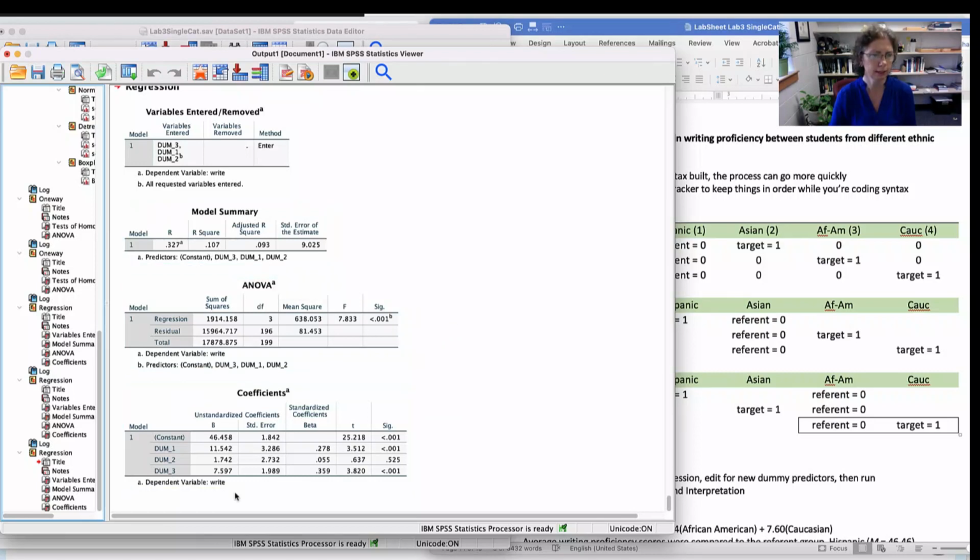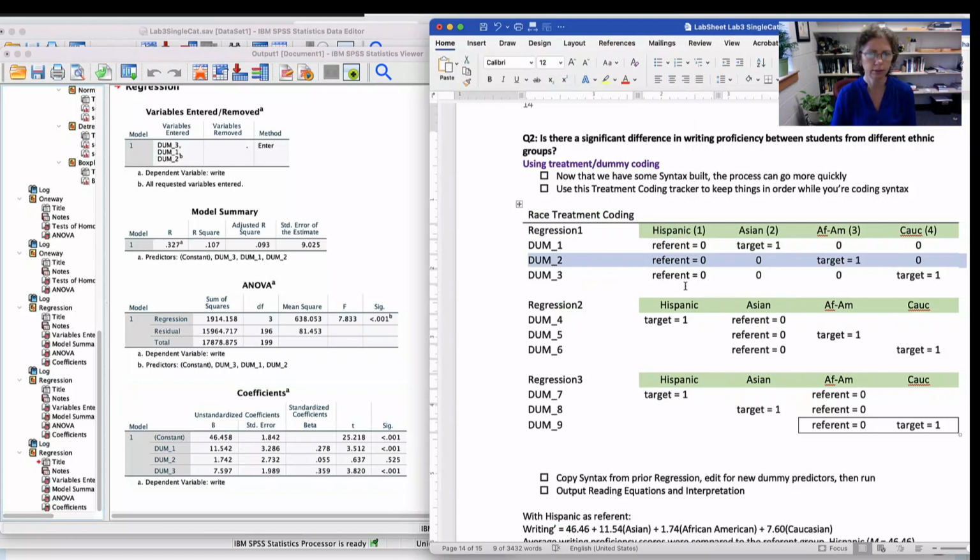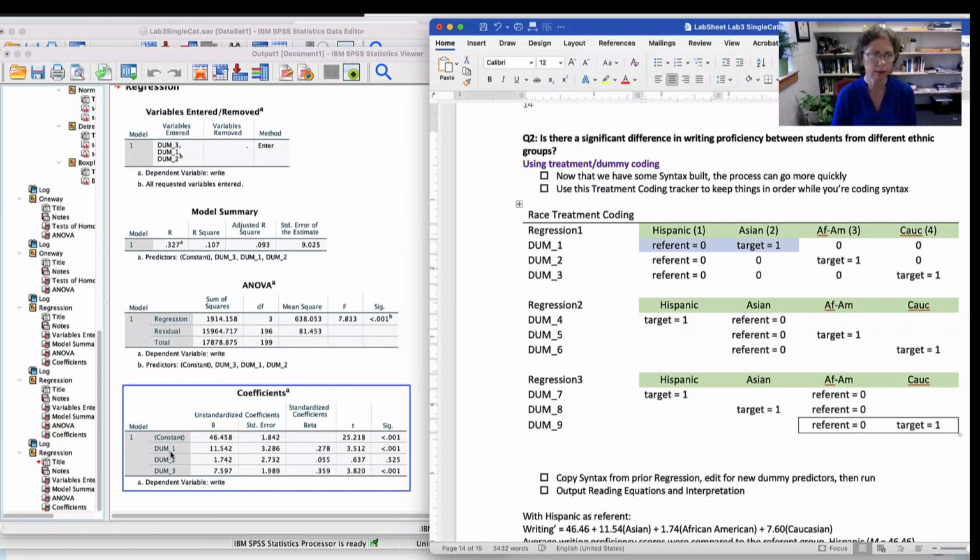But now let's look at these coefficients. With treatment coding, we're comparing each thing to the referent. So our referent on this one, across all three, is Hispanic. So all of these are getting compared to Hispanic. For DUM1, the comparison is between Asian and Hispanic.